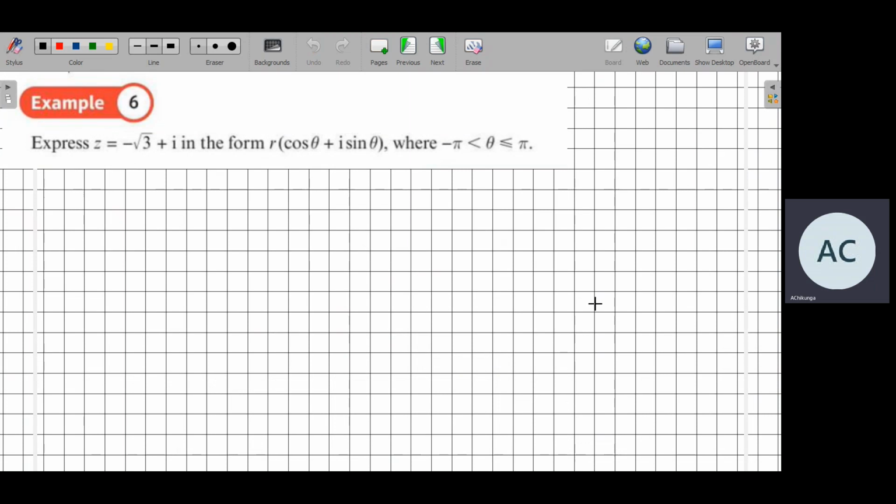Good example. So you're given the rectangular form. Your duty here is to write the modulus argument form.